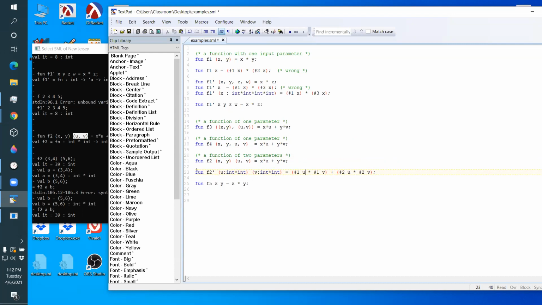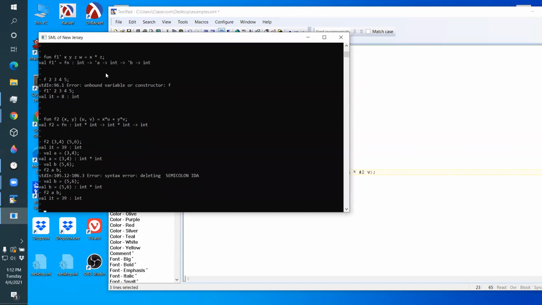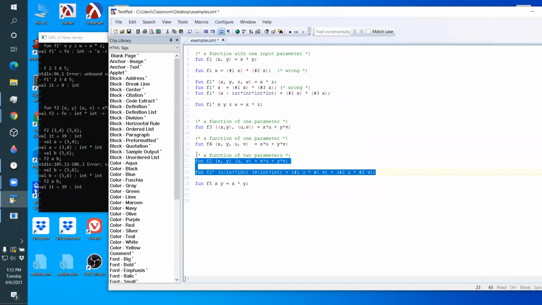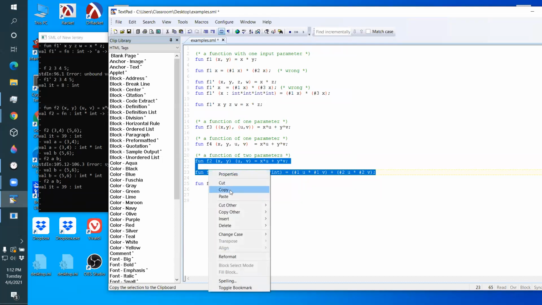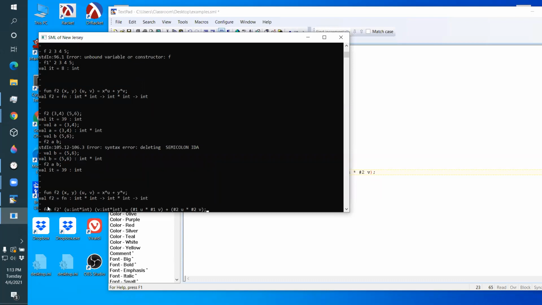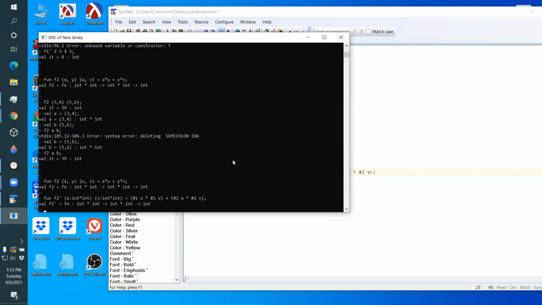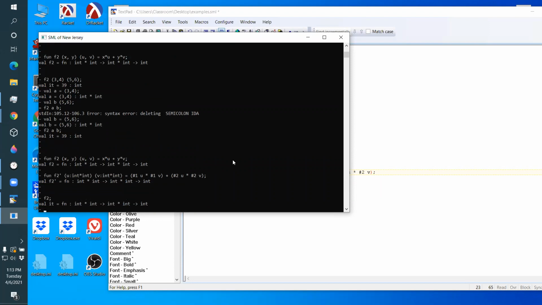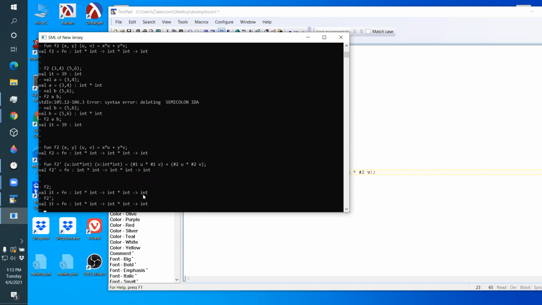Okay, so F2 and F2 prime are the same. So they have the same type.